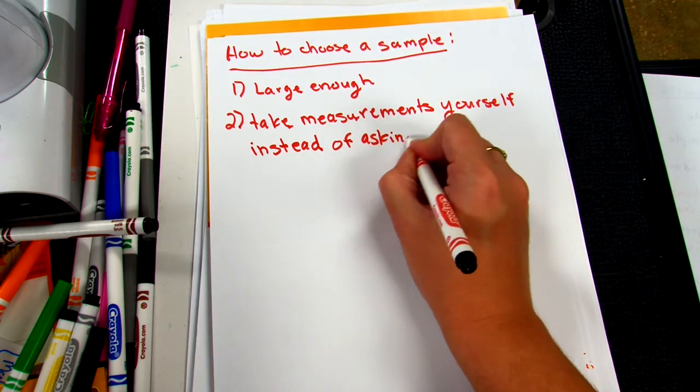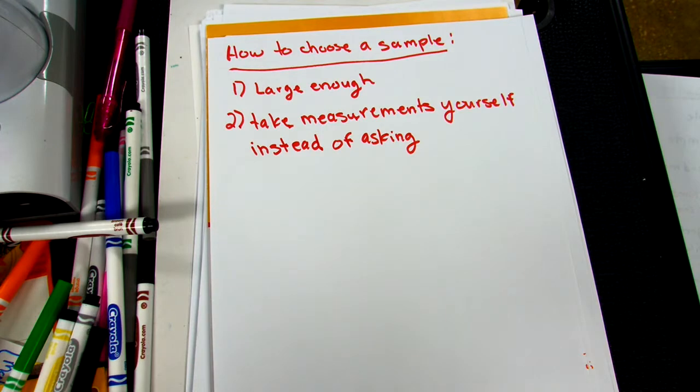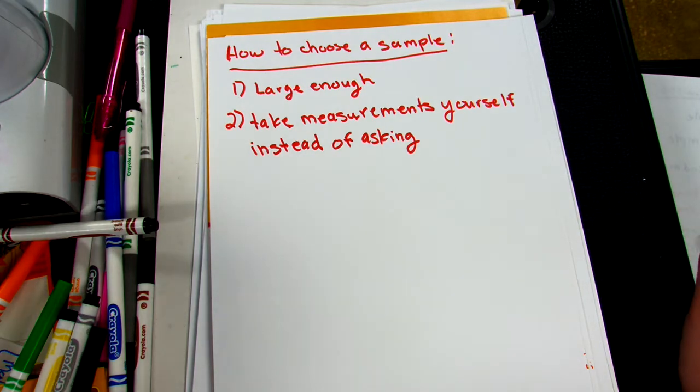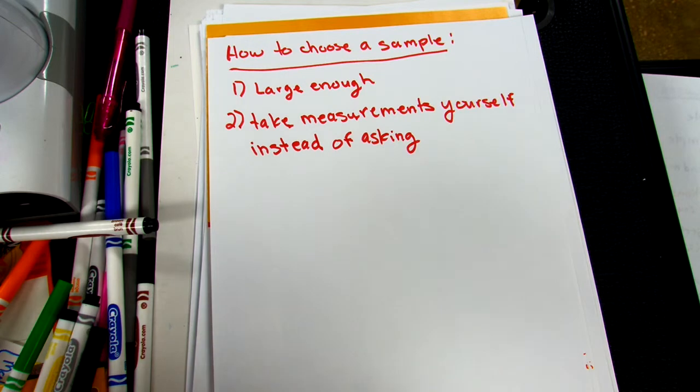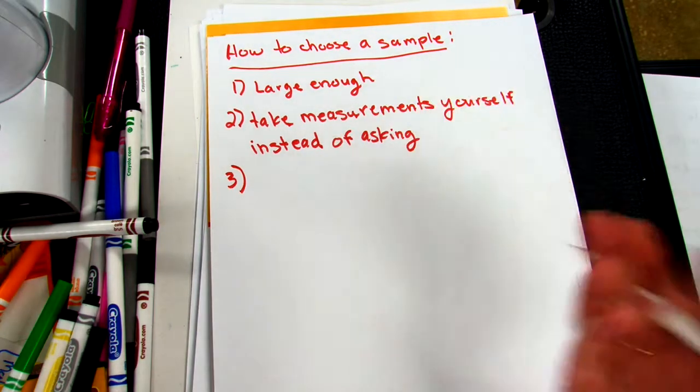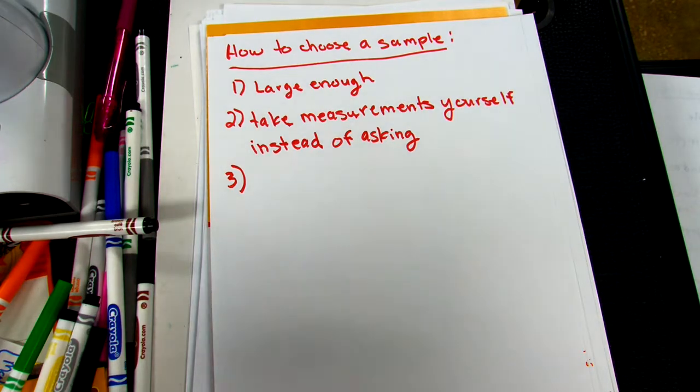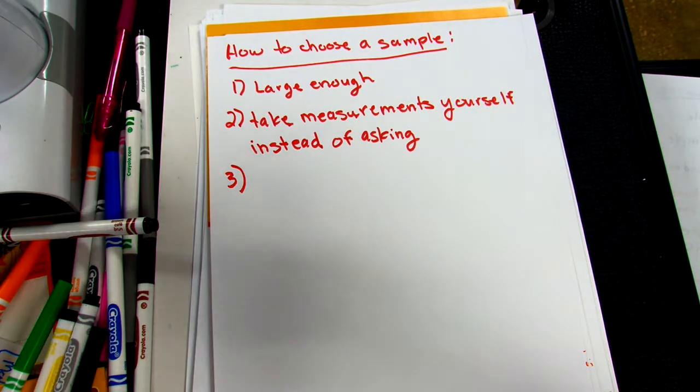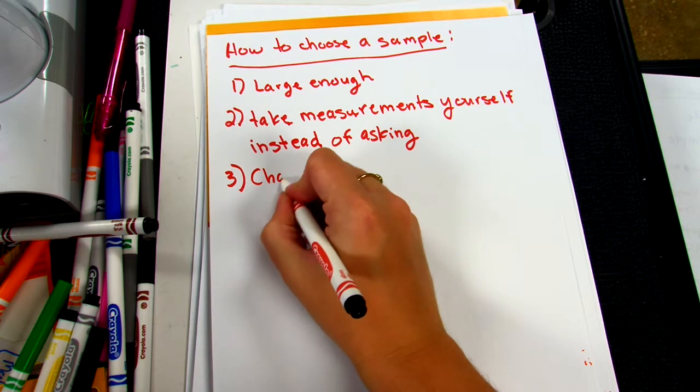If you go and ask 10 people what their height is, they could give you an estimate. They could be like, well, I'm about 5.5 feet. That's not accurate. So you want to take measurements yourself instead of asking. Okay? Next point, or next thing that you want to know on how to choose a sample is choose your method.